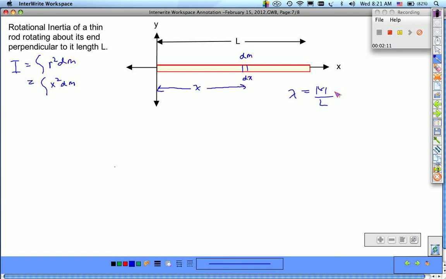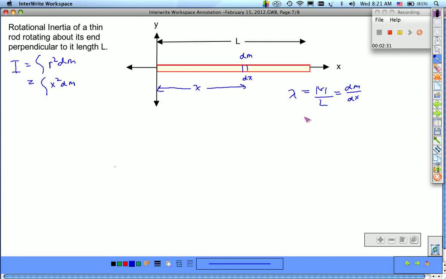If this is a uniform rod, with a uniform distribution of mass along its length, then if I take that little chunk of mass and divide it by the width I've sliced, I should get the equal ratio of dm to dx.